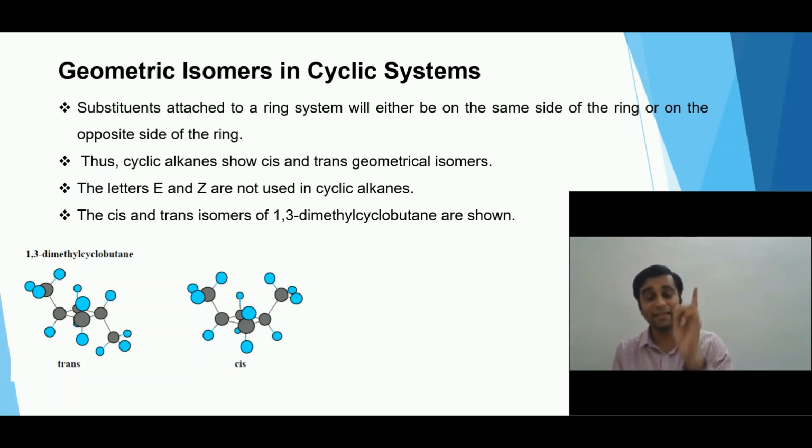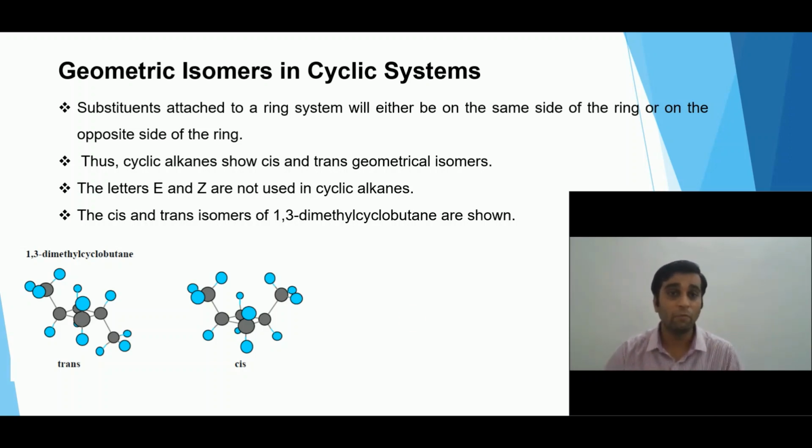Actually, in cyclic aliphatic compounds, there are two positions. One is axial, another is equatorial position. The axial position is perpendicular to the plane, and the equatorial position somehow lies in a different plane. We all know very well the bond angle must be 109.5. So substituents must be arranged in that manner.